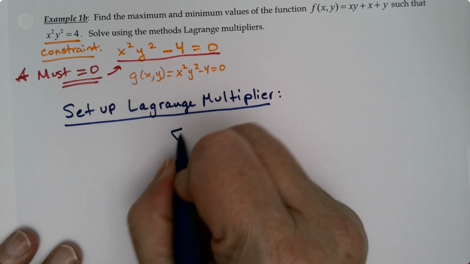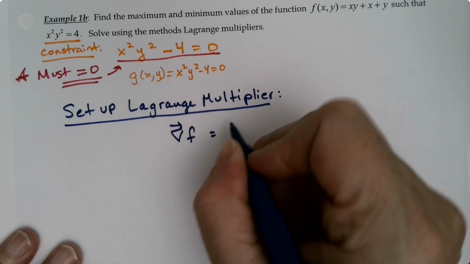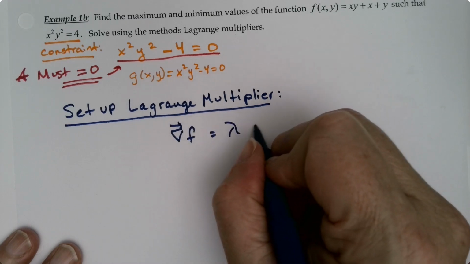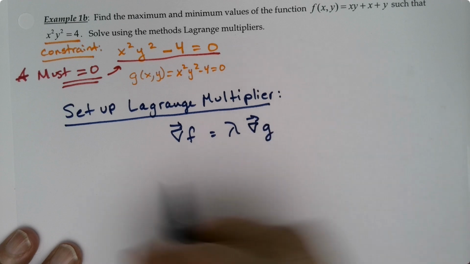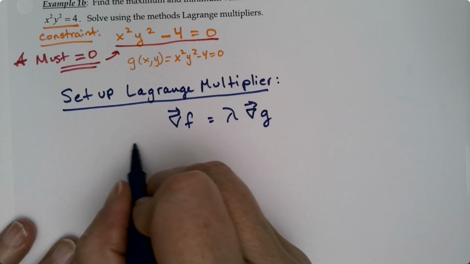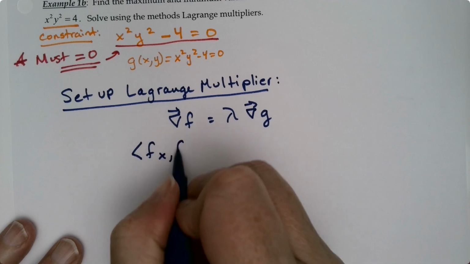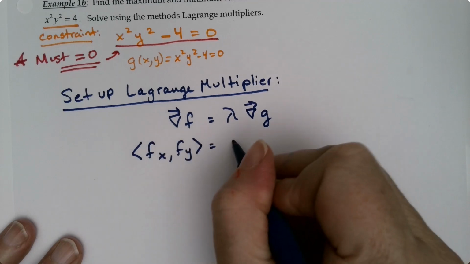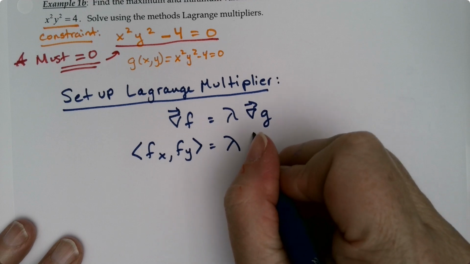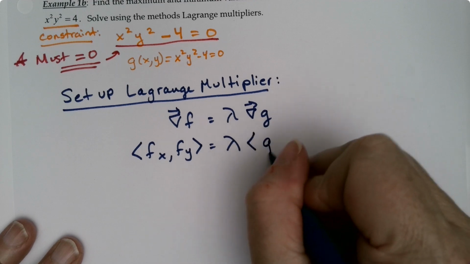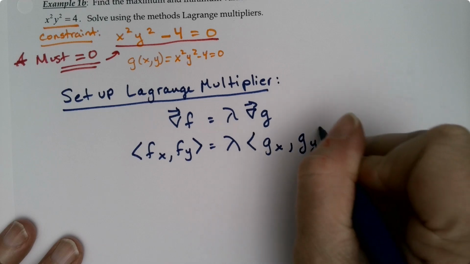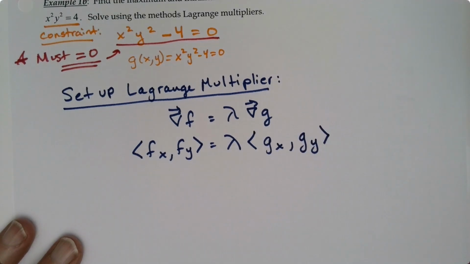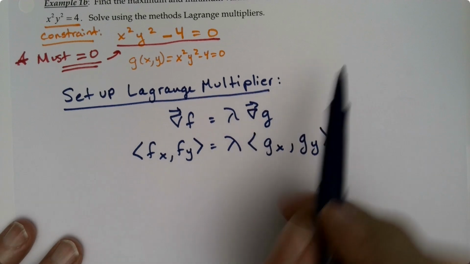The gradient of f is equal to lambda times the gradient of g. Now the gradient of f is f sub x, f sub y, which is lambda times g sub x, g sub y. No problem.